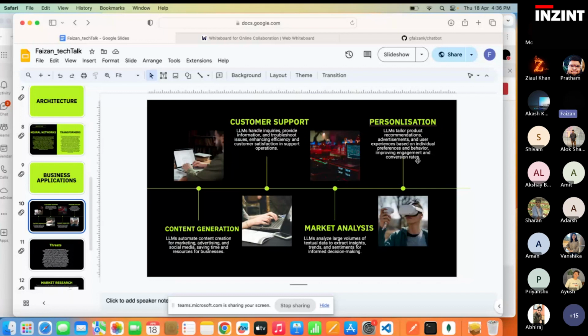If I'm a consumer and I need to buy something of a particular niche on Amazon, I will simply go to its chatbot and ask, let's say I have to buy chandeliers for my home, can you please suggest some good companies or good chandelier products that I can buy from Amazon.